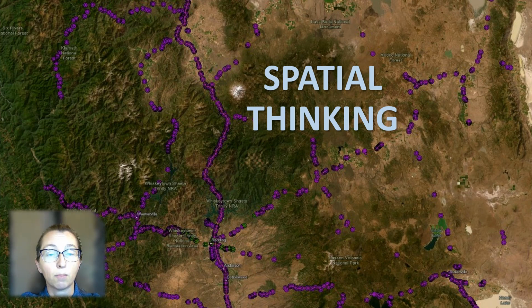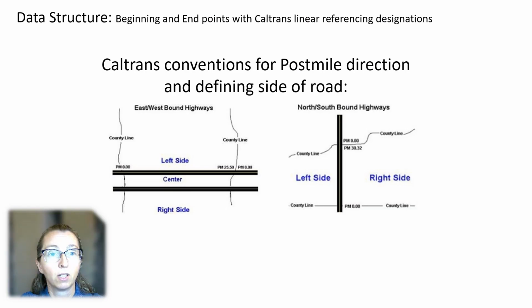Spatial thinking, especially regarding linear referencing, was pivotal in designing the GIS data structure for the project, as well as in recoding the data for its intended use. Caltrans uses a linear referencing system called postmiles, which restart at every county line and always increase from south to north and west to east.